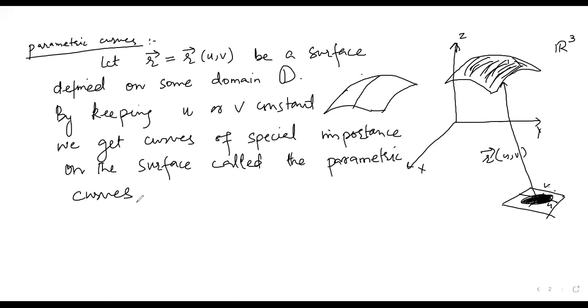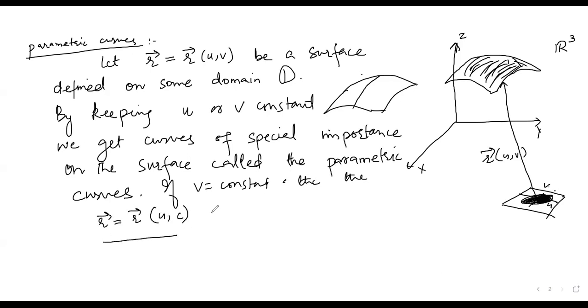Now, if V is equal to a constant, then the curve will be R equal to R of u, c, because one of its variables is constant, is one of the parametric curves.